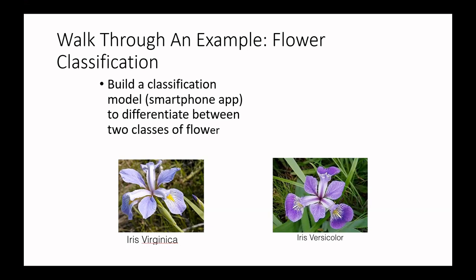You want it to differentiate between two types of flowers: one is the iris virginica, another is the iris versicolor. You take a picture with your smartphone, and the app will tell you whether it's an iris virginica or iris versicolor.